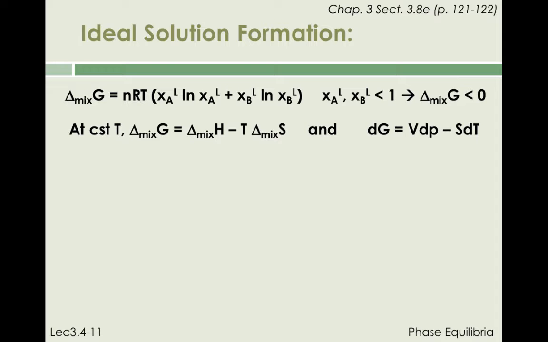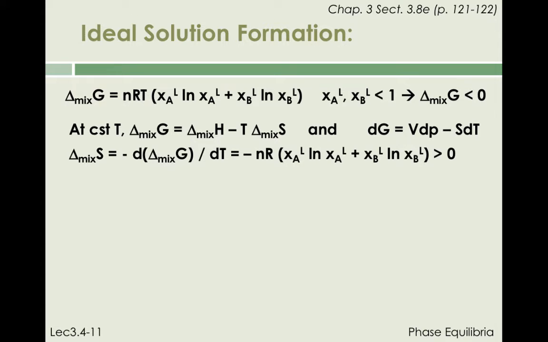So we conclude that delta mixing S is equal to minus the derivative of delta mixing G with respect to temperature. Using the expression for delta mixing G, we obtain delta mixing S equals minus N times R times XA liquid natural log of XA liquid plus XB liquid natural log of XB liquid.